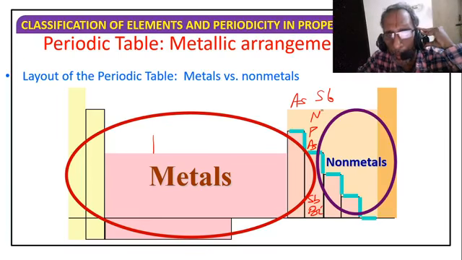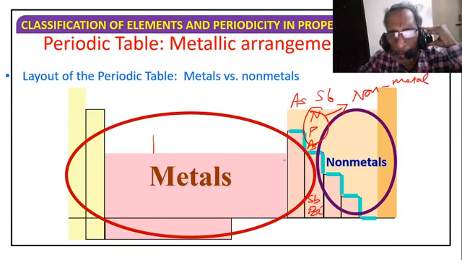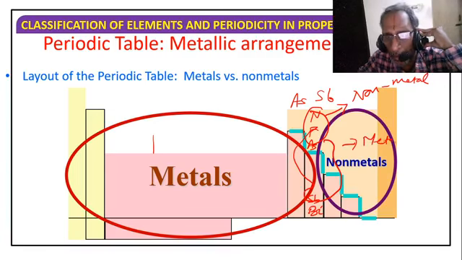Nitrogen and phosphorus are non-metals. Arsenic and antimony are metalloids. Bismuth is a metal.